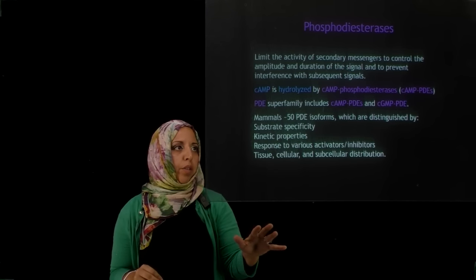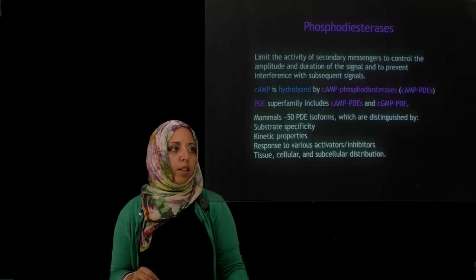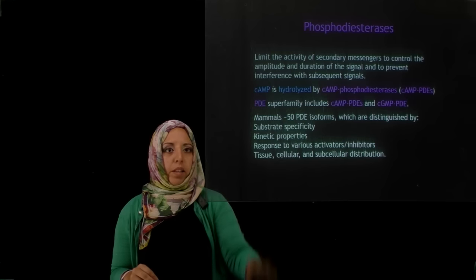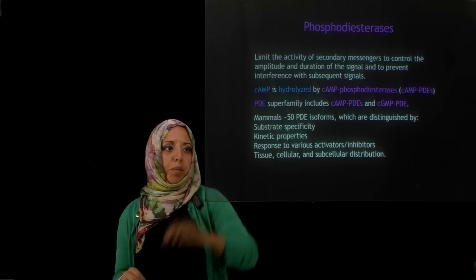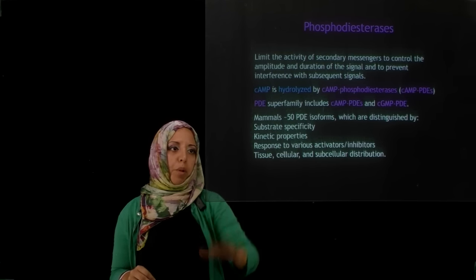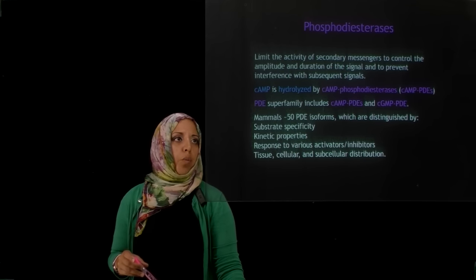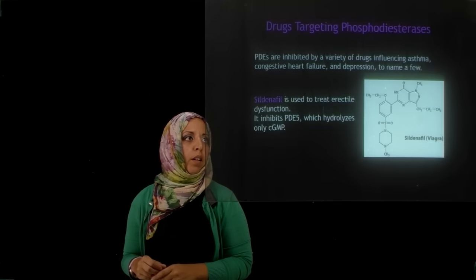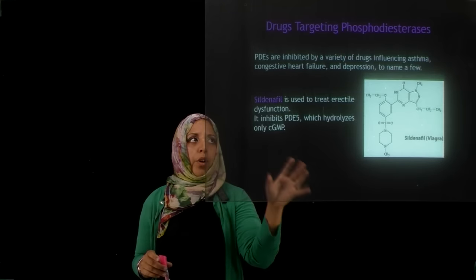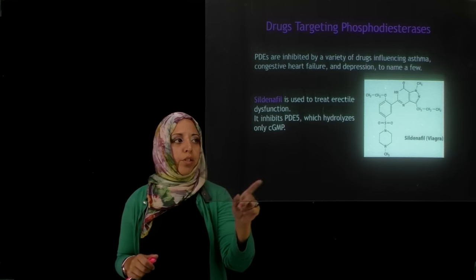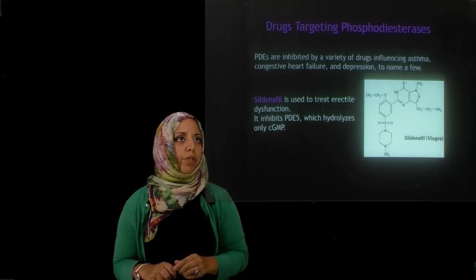And there are a number of different phosphodiesterases that can be distinguished based on which substrate they bind, their kinetic properties, and their response to different inhibitors as well. Those phosphodiesterases are also targets of a number of different drugs.